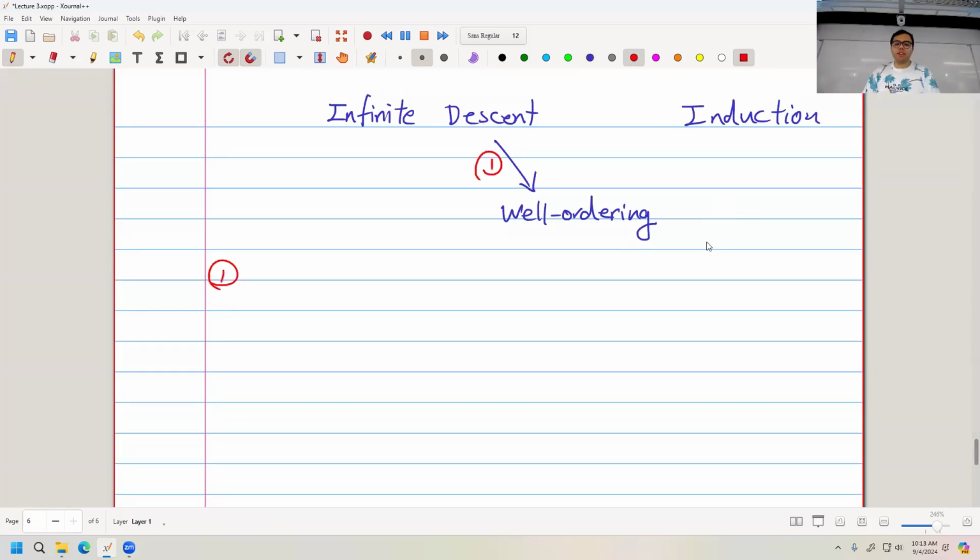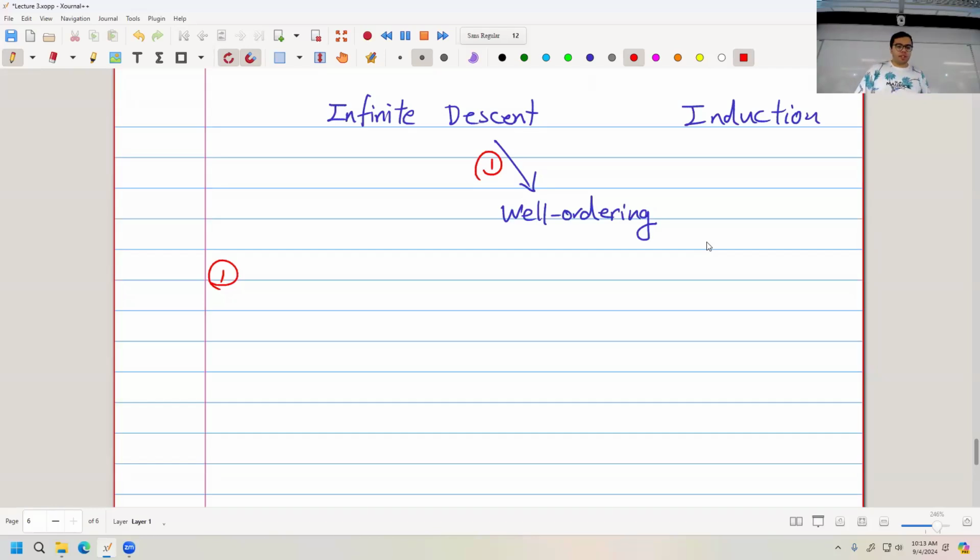I want to prove, assuming infinite descent, that well-ordering holds. What was infinite descent? Infinite descent just said that I cannot have an infinite sequence of natural numbers that is always decreasing. What was well-ordering? Well-ordering was that every non-empty subset of natural numbers has a smallest element.